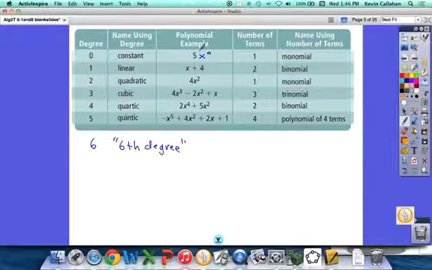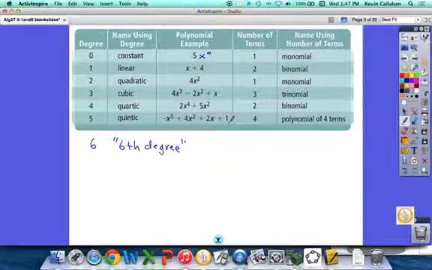The first one has 1 term, so it's monomial. The next one is 2 terms, so it's binomial. The next one is 1 term, so it's another monomial. The next one is 3 terms, so that would be trinomial. 2 terms again, binomial. 4 terms, 4 or more, just say polynomial, for many terms.